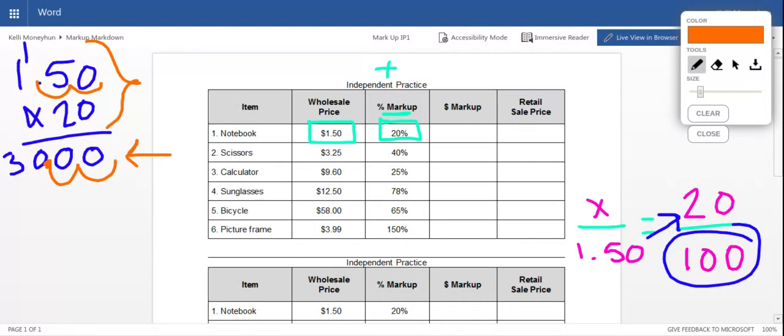Now that I've multiplied correctly, I need to do 30 divided by 100. We should all know the trick by now.